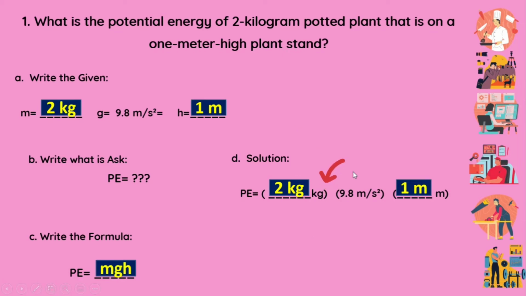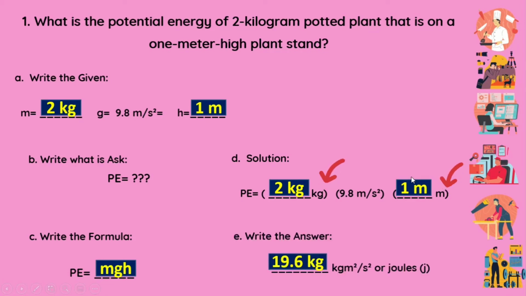So, 2 times 9.8 times 1. Then, your answer is 19.6. Kasi, 2 times 9.8 is 19.6. 19.6 times 1, yun pa din yung sagot nyo, because any number multiplied by 1 is the number. So, our unit is kilogram meter squared per second squared, or joule. So, madali lang siya. Puro multiplication lang.